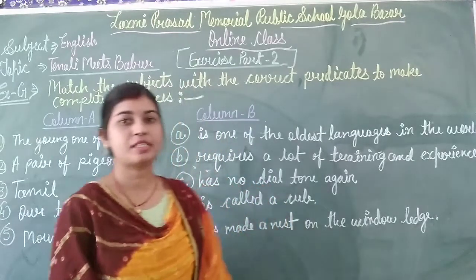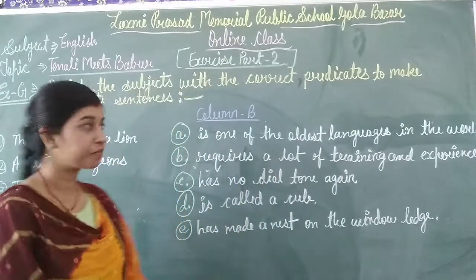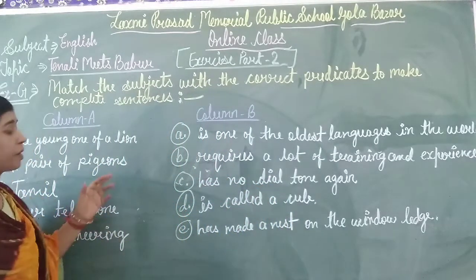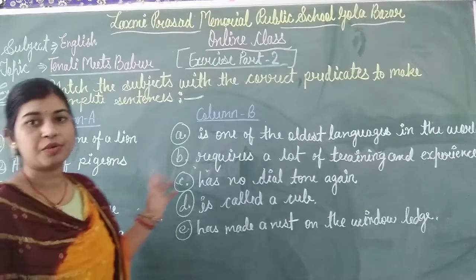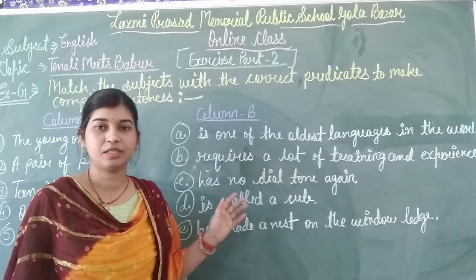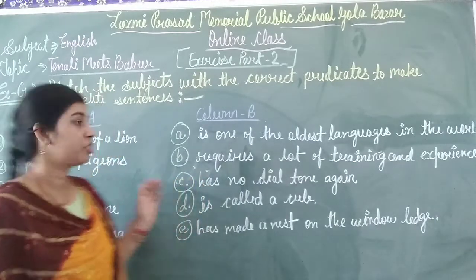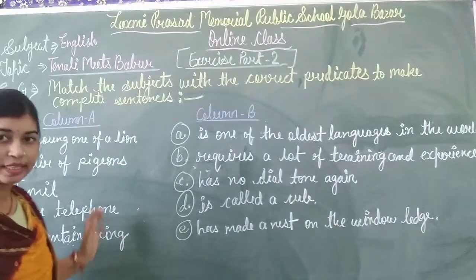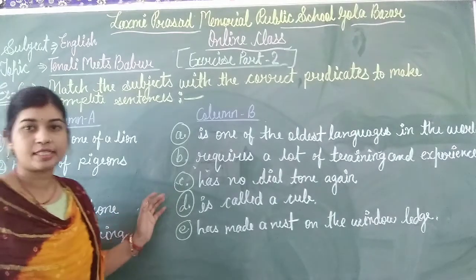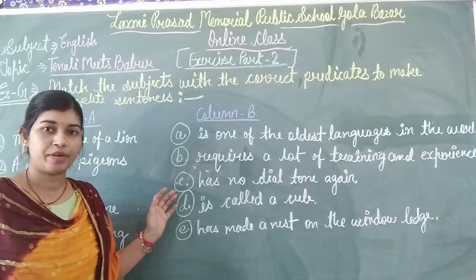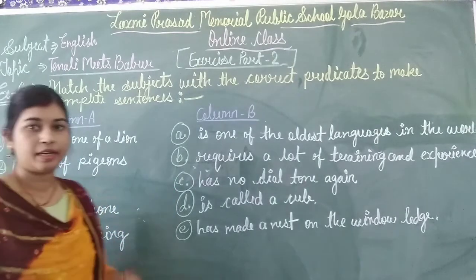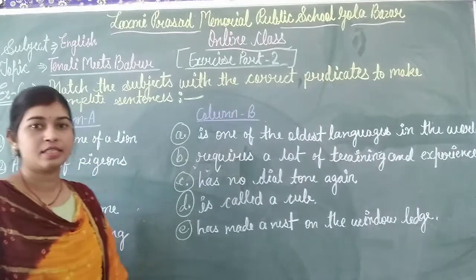Okay, so students, in this exercise, you have to match subject with their correct predicates to make complete sentence. Okay, so here is column A, that is subject, and there is column B, that is predicates. So let's start exercise G.